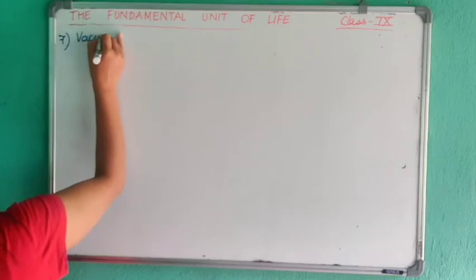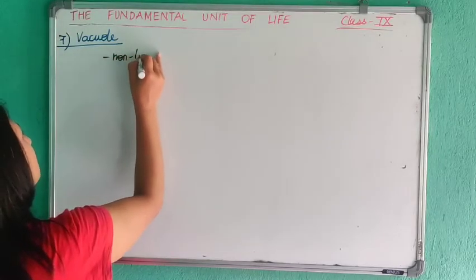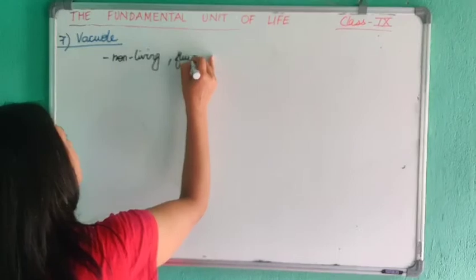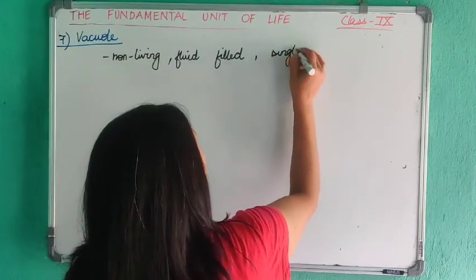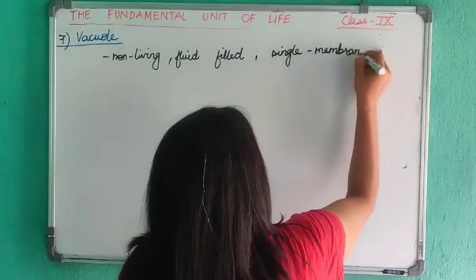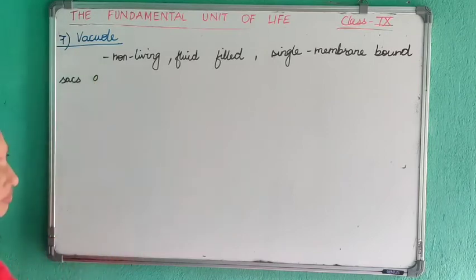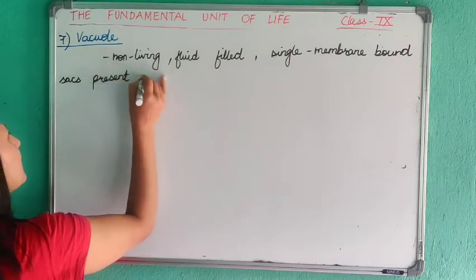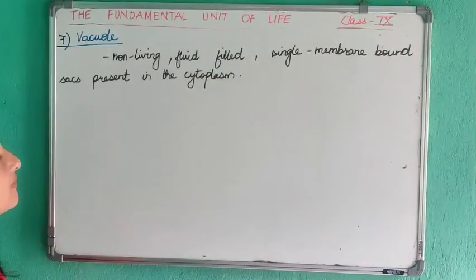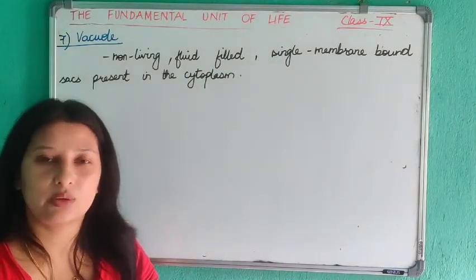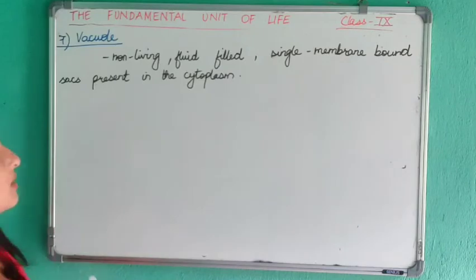Vacuoles are non-living, fluid filled, single membrane bound sacs that are present in the cytoplasm. Unlike plastids, they do not have a double membrane.